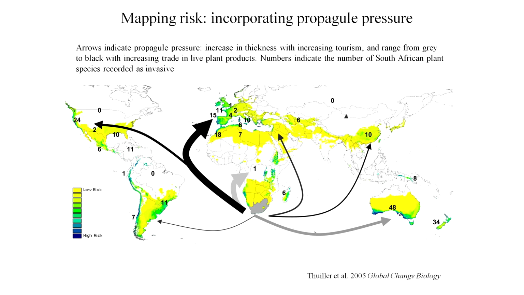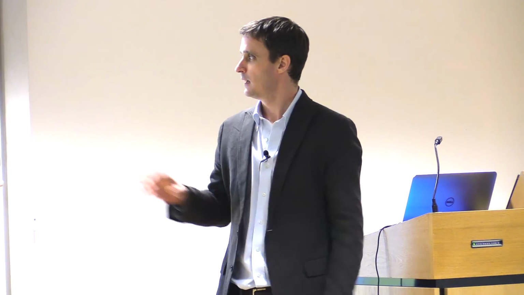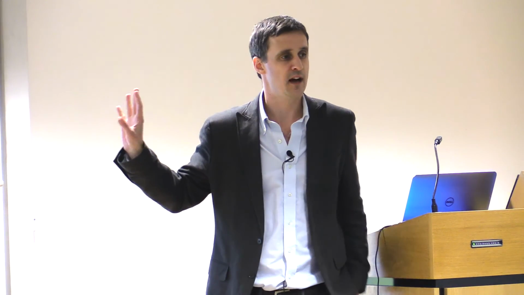And then the actual numbers there are the number of South African plant species that have already been recorded as invasive in those regions. So they're combining information on the environmental suitability with where these species are actually being moved around the planet to link that into understanding where invasions are more or less likely. Okay?